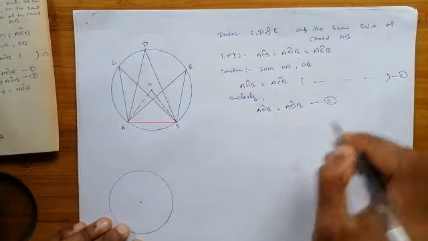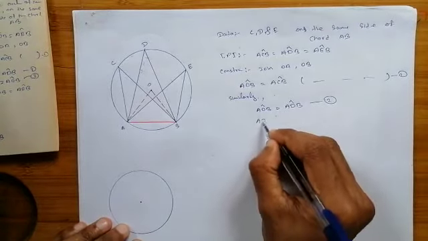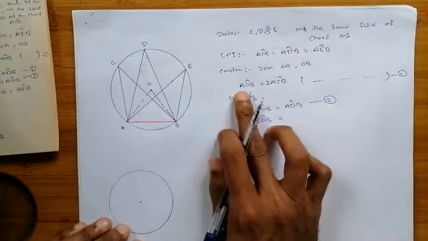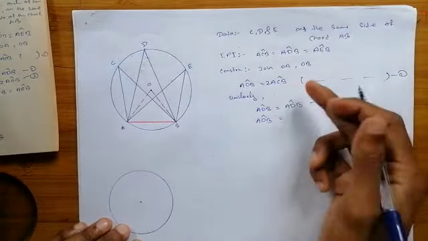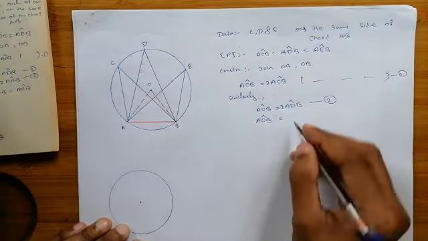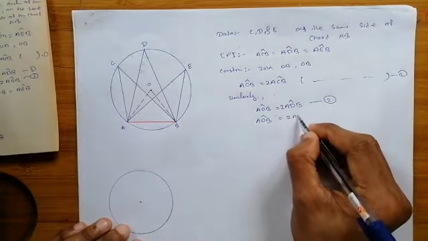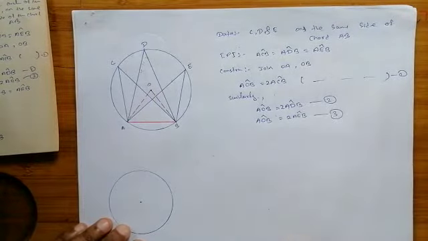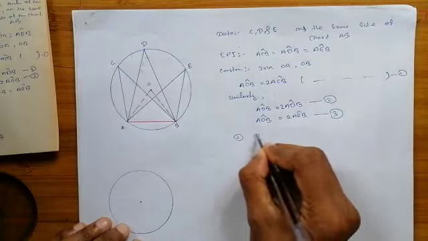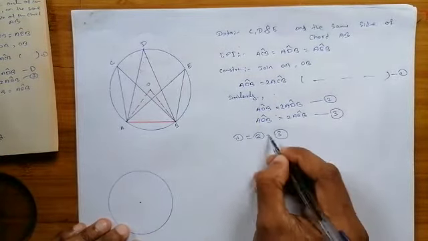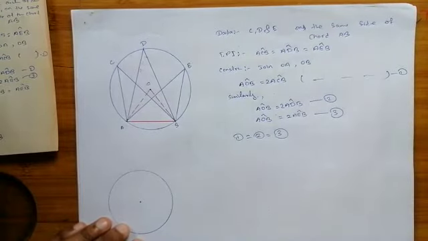And the second statement is there, and another statement: AOB is equal to 2 ACB, AOB is equal to 2 ADB, and AOB is equal to 2 AEB. Same reason. So if you consider 1, 2, 3, all are AOB, so 1, 2 and 3 are equal.